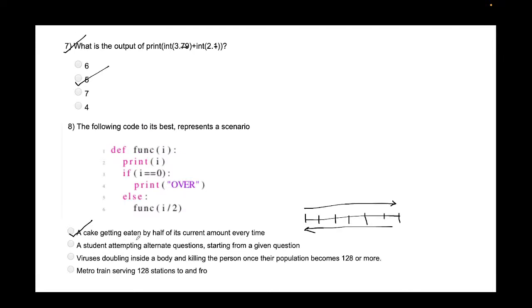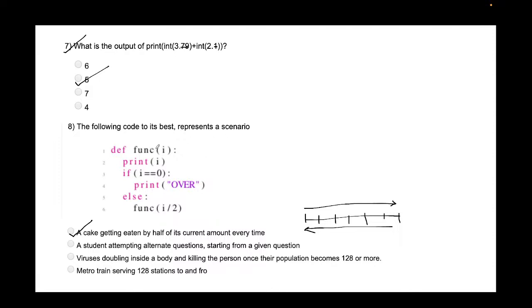A student attempting is like a 50-50 chance, but it's not recursively getting half. There is variation among them. All the three are different. So if you see the mathematical progression in every iteration, you can find a trend over the data. That means you must very carefully observe the scenarios.